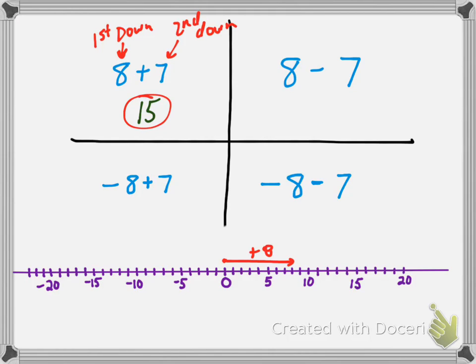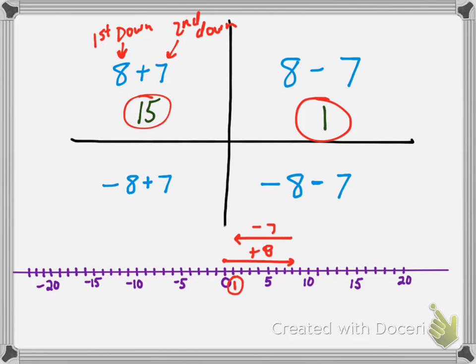Then you go 7 in the negative direction, so minus 7. You go 7 back this way. And where do you end up? Right there at 1. Like I said, I know you know that 8 minus 7 is 1, but seeing numbers better is going to help you on the later kind of problems. So again, we know that 8 minus 7 is 1, so I'm going to put a 1 right there.